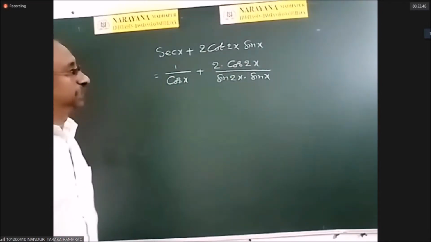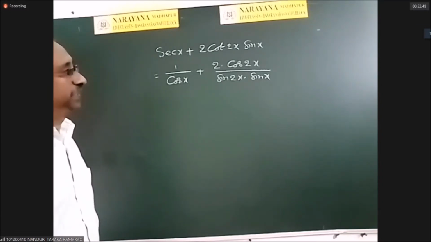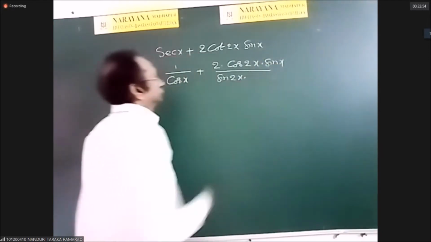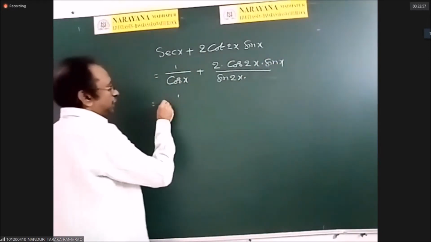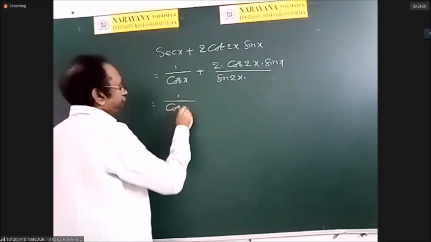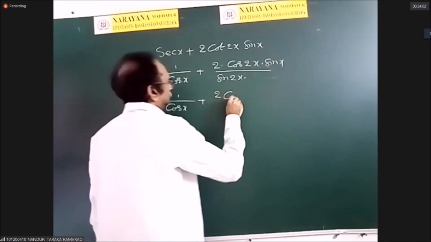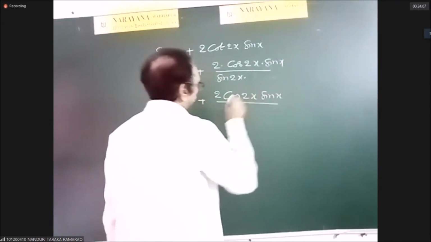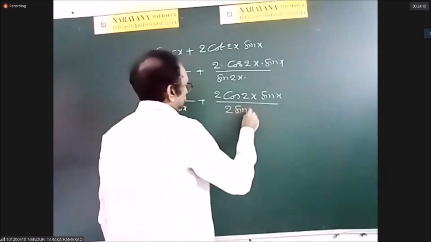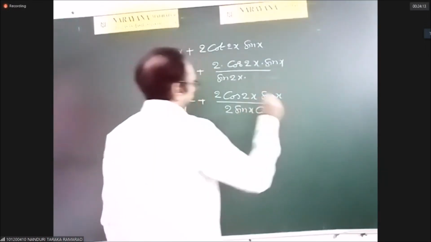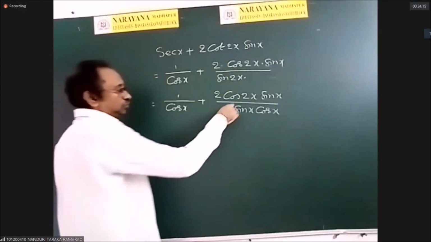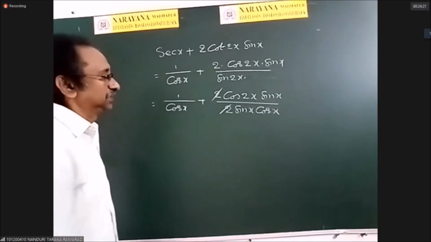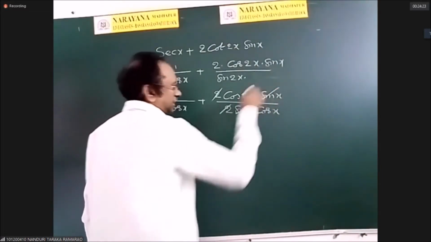Further simplification: 1 by cos x plus 2 cos 2x into sin x by, what is sin 2x? 2 sin x cos x. Now 2 cancels, and sin x is also cancelled.